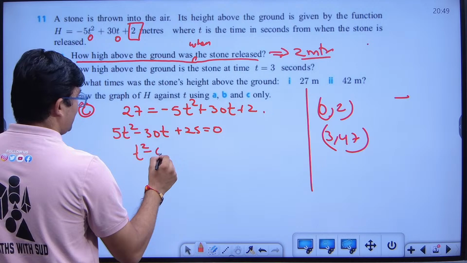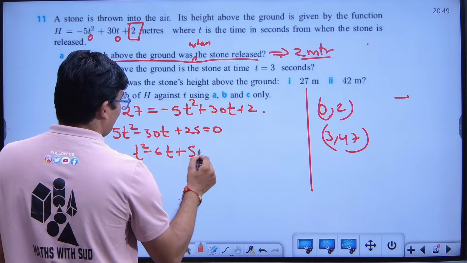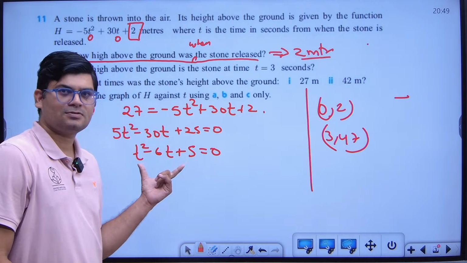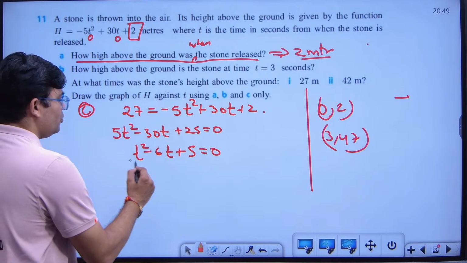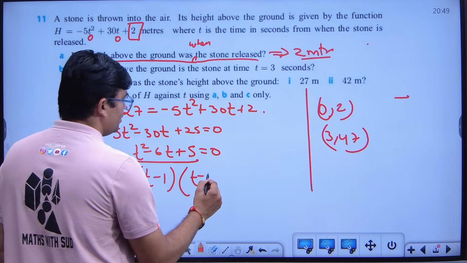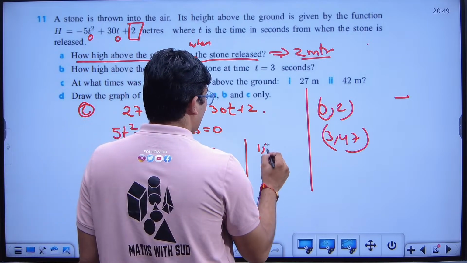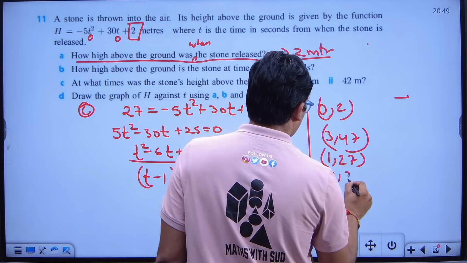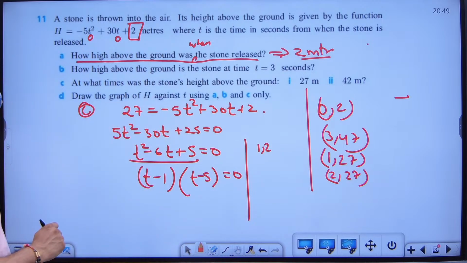So t square minus 6t plus 5 is equal to 0. The two numbers are minus 5 and minus 1. See this? Minus 5 minus 1 is going to be minus 6. So this will break down into t minus 1 into t minus 5. So you have two times, 1 and 5. One is 1 comma 27 and then you have 5 comma 27. Understood? Yes, sir.